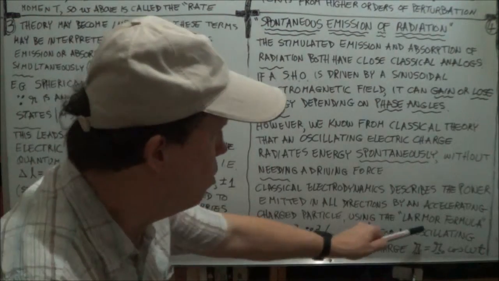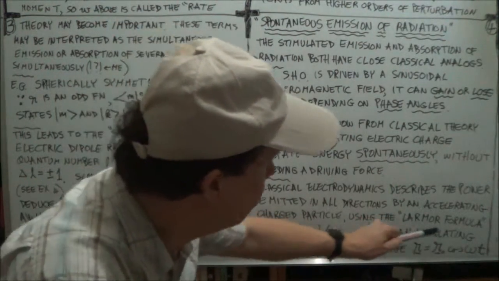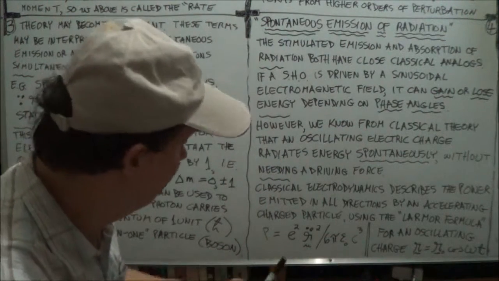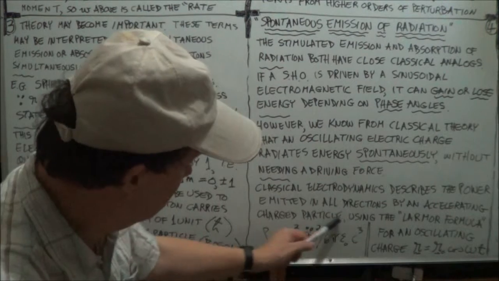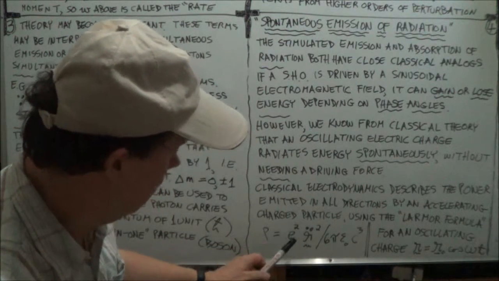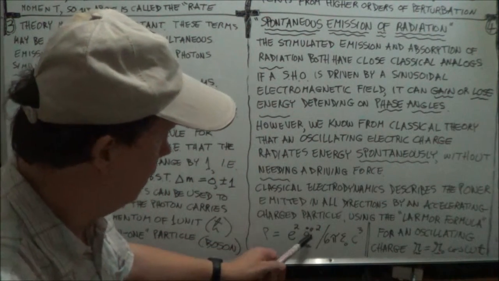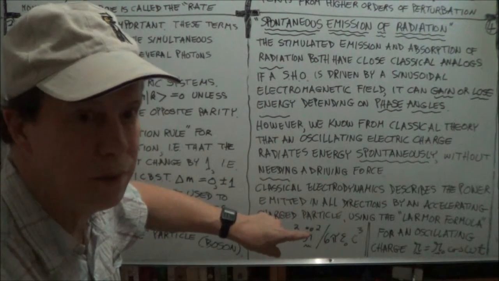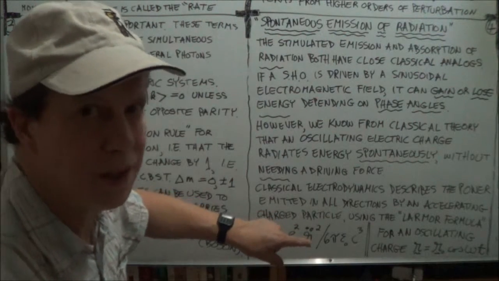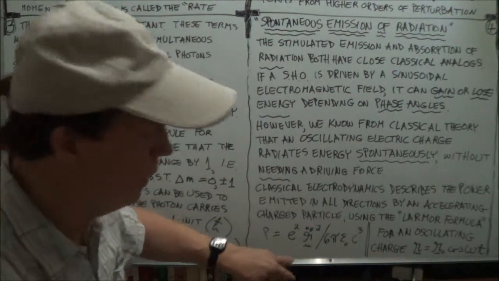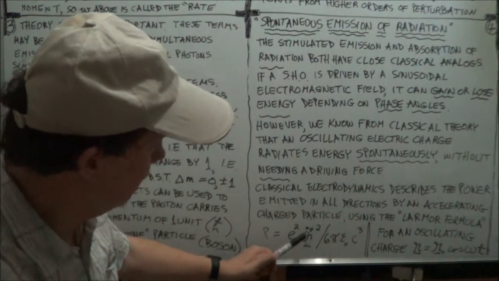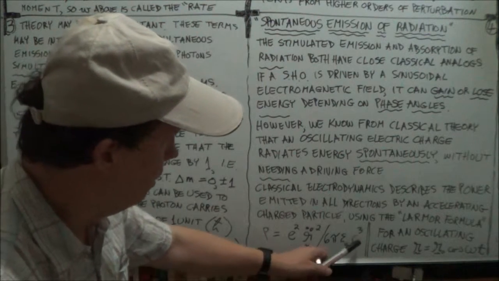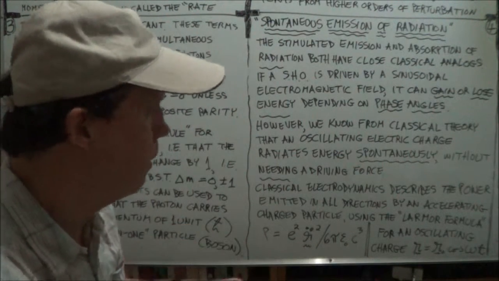This may be familiar to you if you've done electrodynamic theory. It's called the Larmor formula, L-A-R-M-O-R, and it gives you the power, remember, energy radiated per second. It's this: the square of the charge on the electron, times the acceleration, that's r double dot, the second derivative d squared by dt squared of the position, so r double dot squared, the acceleration squared, divided by 6 pi epsilon-naught c cubed, c the speed of light.